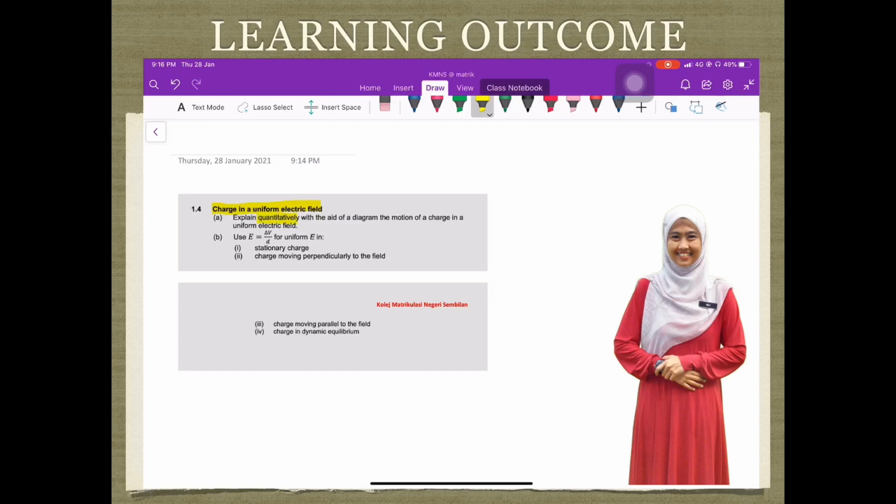Next, use E equal to delta V over d for a uniform electric field in stationary charge, charge moving perpendicularly to the field, charge moving parallel to the field, and charge in dynamic equilibrium.